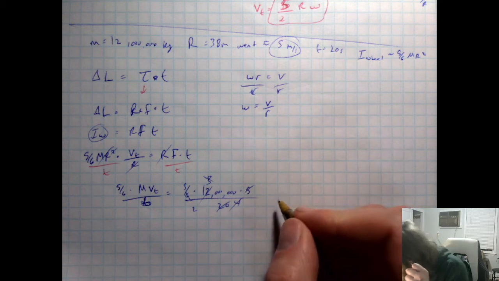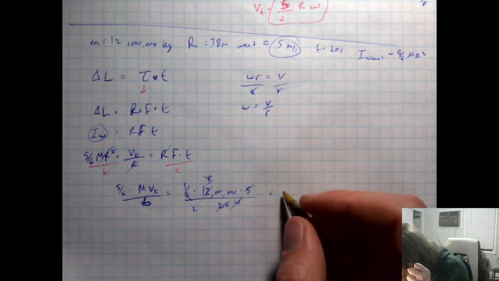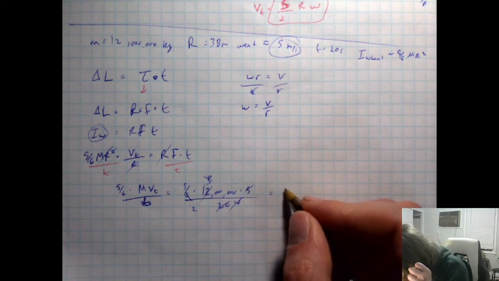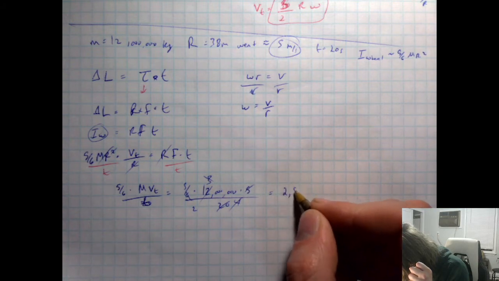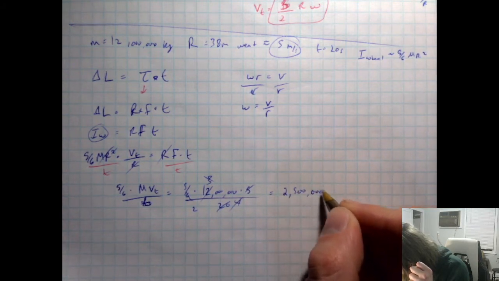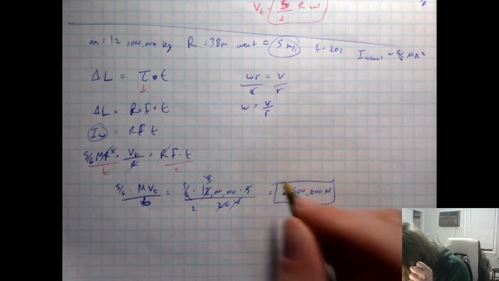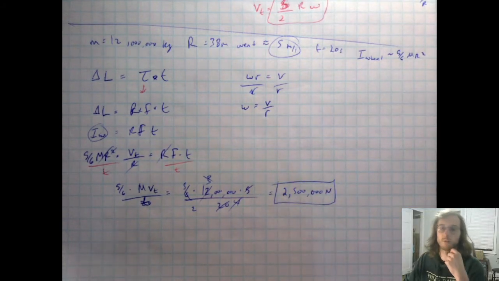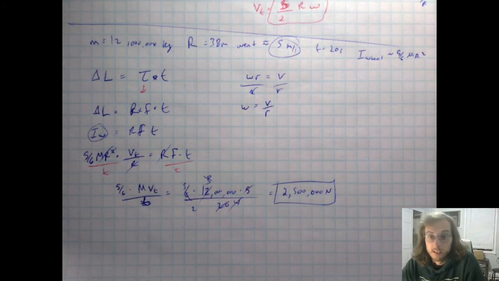So we've got 5 million divided by 2, which gives us 2,500,000 newtons of force required from our brakes to stop it in 20 seconds, which, yeah, big numbers for a big wheel.